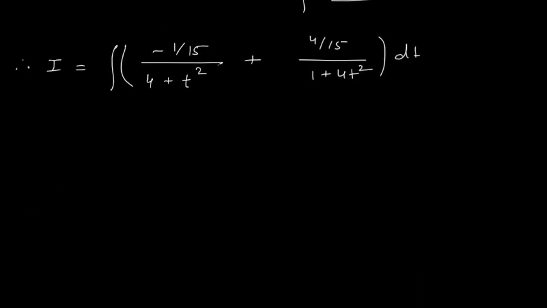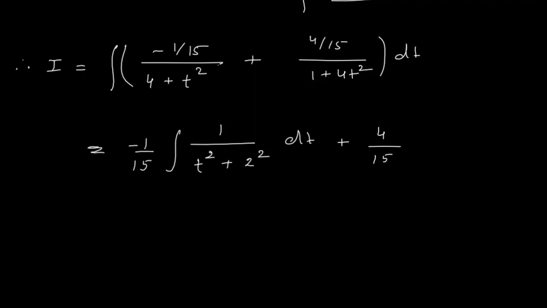So let us write this as minus 1 upon 15 into the integration of 1 upon (t square plus 4), where 4 means square of 2, into dt. In the format of the formula we are writing this, and here it is 4 upon 15 integration of 1 upon 4t square plus 1, where 4t square can be written as (2t) whole square, into dt.